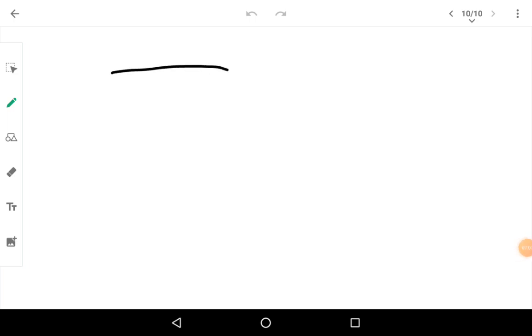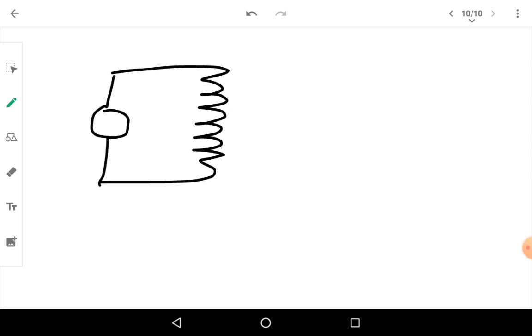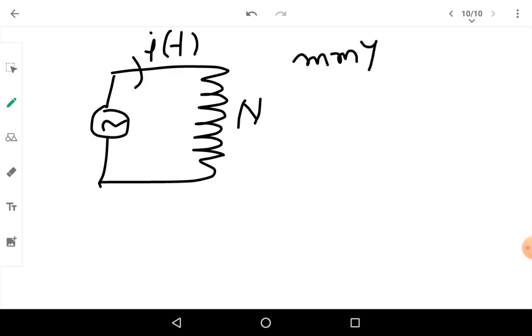When an alternating current passes through an inductor, then the inductor produces an mmf. So this mmf equals N into I. And when the alternating current passes through any coil, then the coil produces flux.